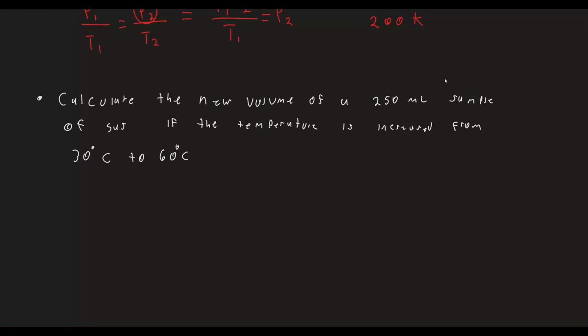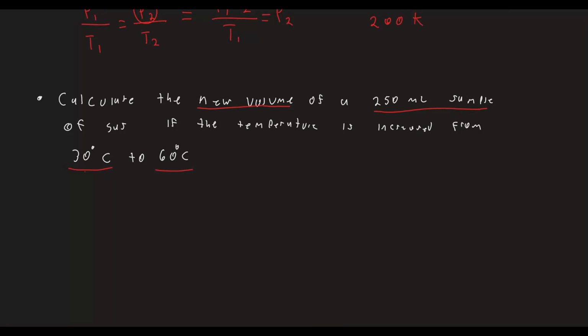So let us look at what we have. We want to calculate the new volume of a 250 milliliter sample if the temperature is increased from 30 degrees C to 60 degrees C. Well, let us check this out.